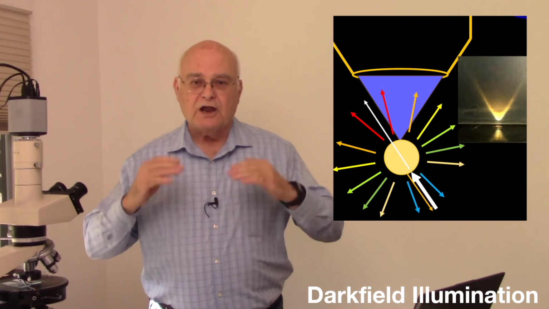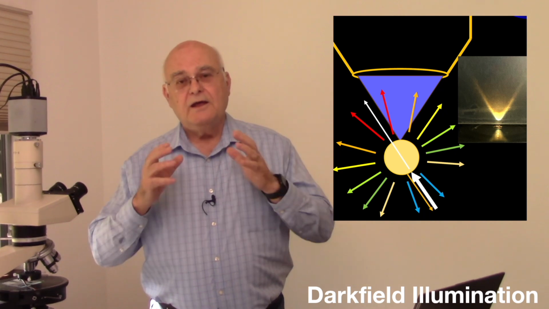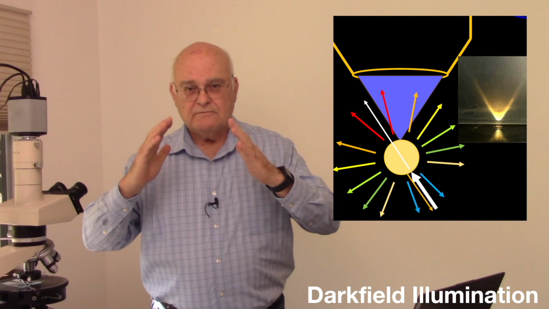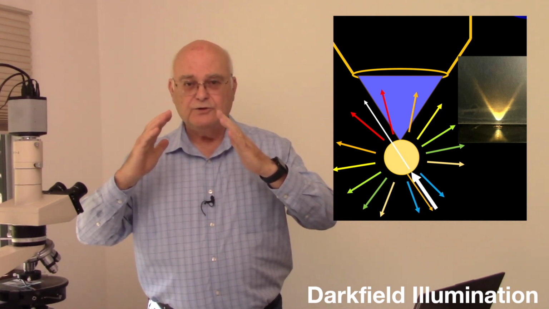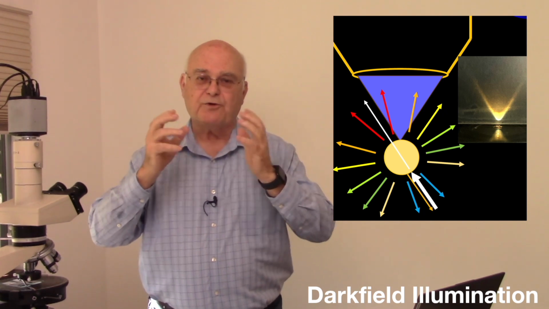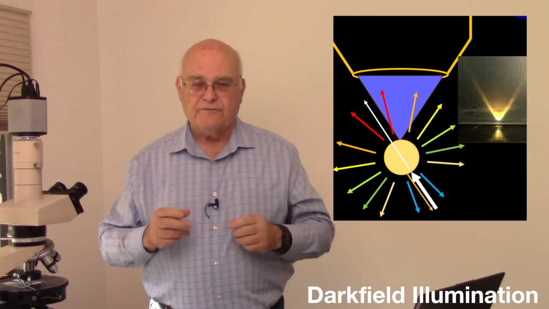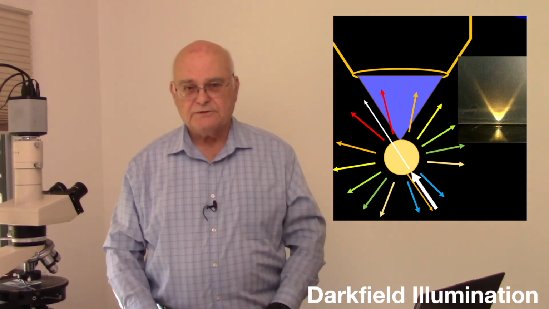That blocks all the light that the 20x objective can collect, but it allows a narrow beam of light to come through outside of that angle to illuminate the particles. And so the light that's refracted, diffracted, or reflected from those surfaces shows up. That's why we can see those particles.